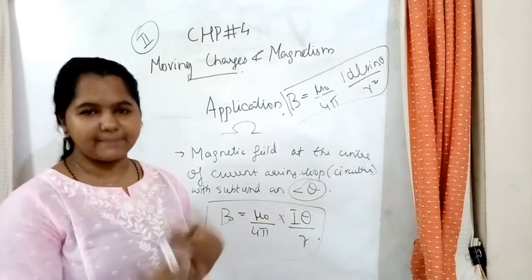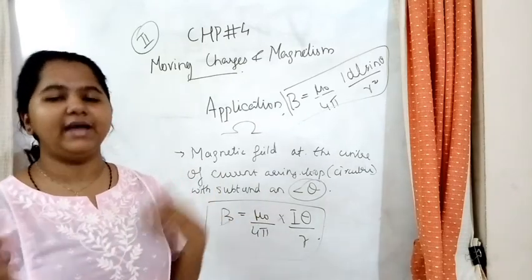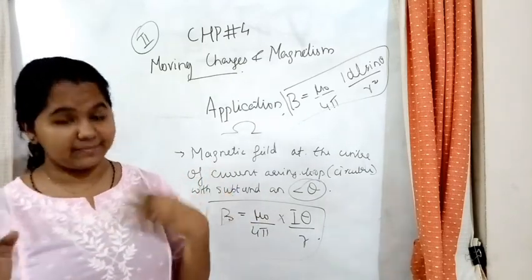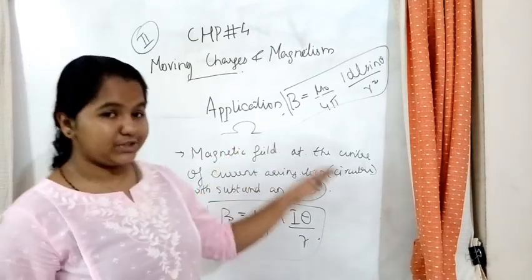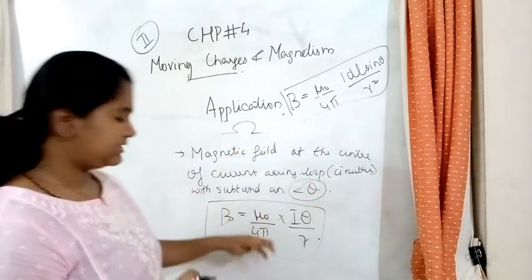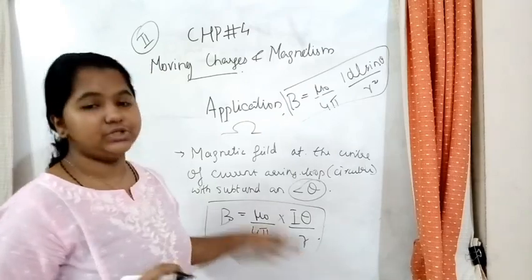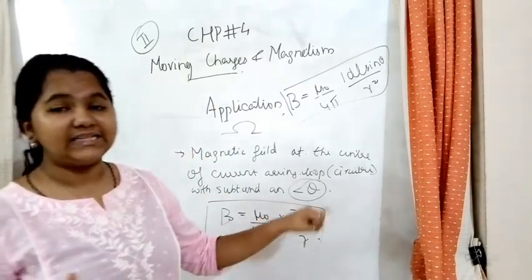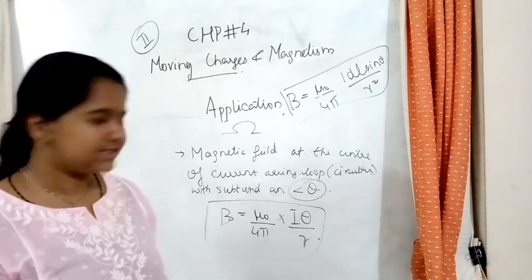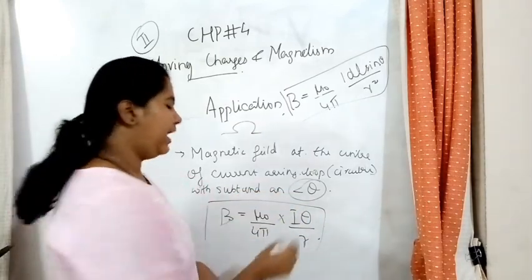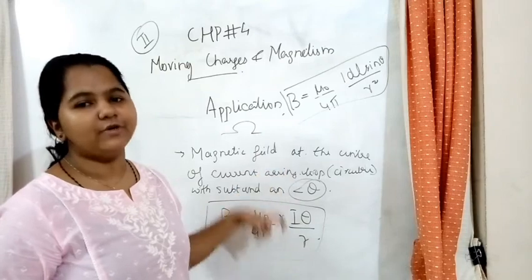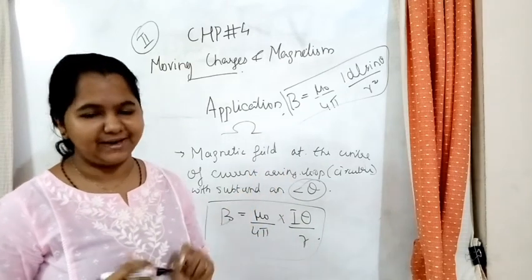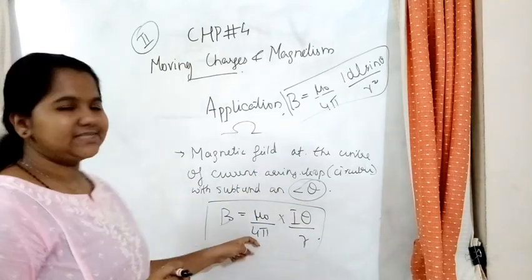When there is n number of turns, it becomes mu 0 nI by 2R and mu 0 nI by 4R. These are the equations for a circular loop, and this situation is also a circular current carrying loop where it subtends an angle theta at the center, and therefore the equation is mu 0 divided by 4 pi I theta divided by R. I hope this is clear to you.